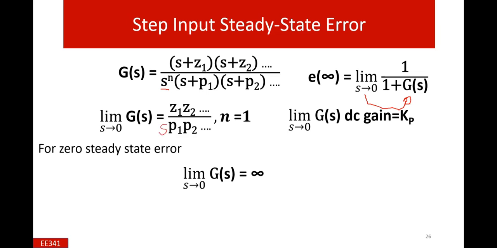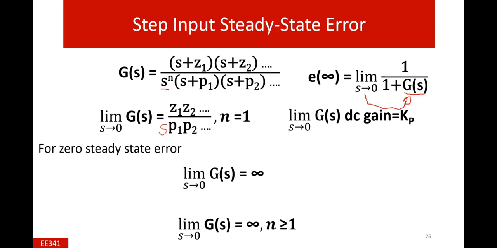It is observed that if we take n equal to 1, then 1 over s is there, and if we put s equal to 0, then this goes to infinity. And in this case, if this term is infinite, then the steady state error is 0.